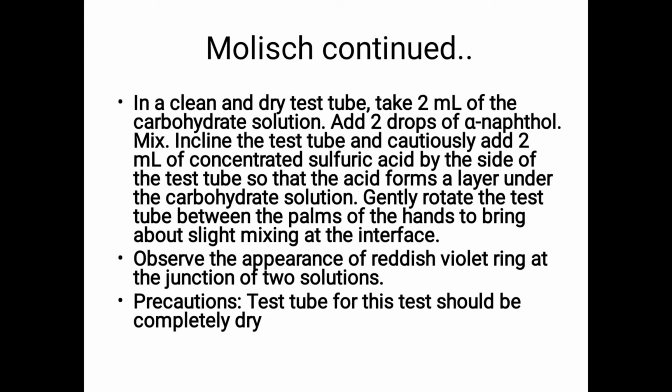In the middle you are supposed to get one layer. That ring I will show in the carbohydrate slide, the next slide, the last slide. You are supposed to get a ring in between the two layers. What type of ring? A reddish violet ring.